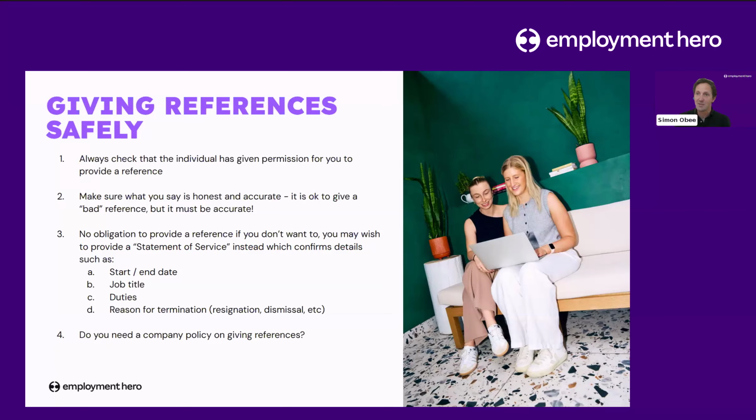The second thing you hear people say quite often is, oh, it's illegal to give a bad reference. I'd say it's a little bit more nuanced than that. It is absolutely a requirement that any reference you give is honest and accurate, but if it is genuinely the case that you thought the employee wasn't performing well or didn't behave well, then as long as you have a reasonable basis for saying that, there is no law that prevents you from giving an unfavourable reference.